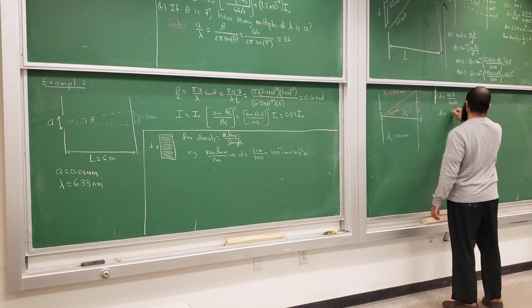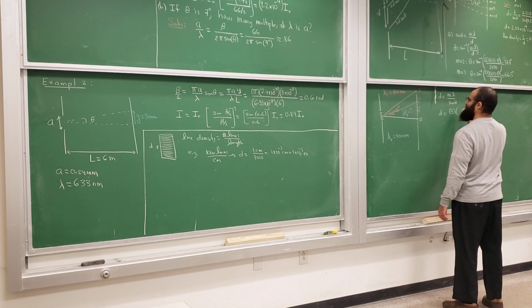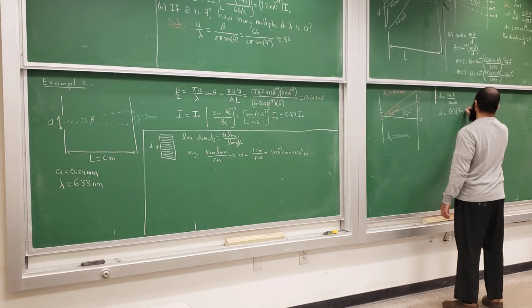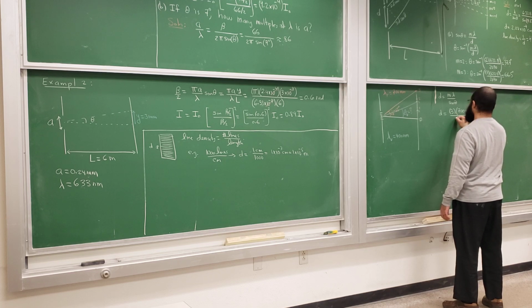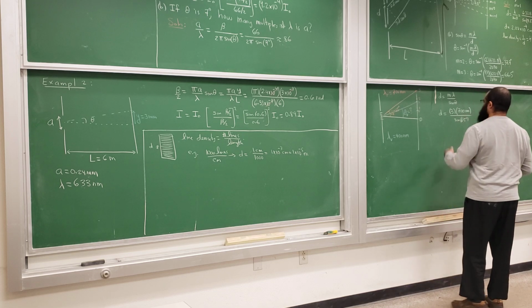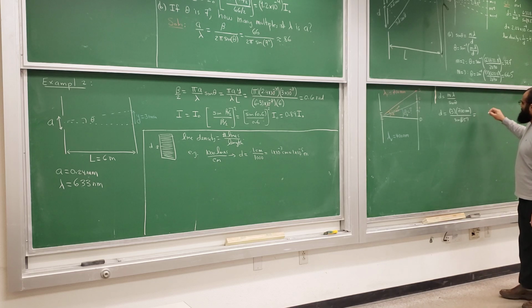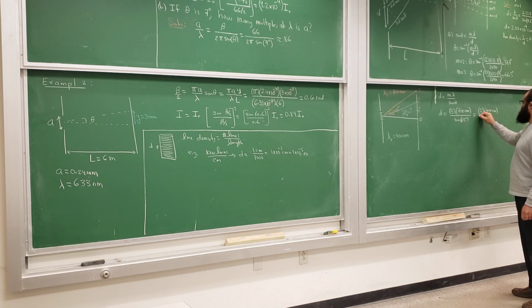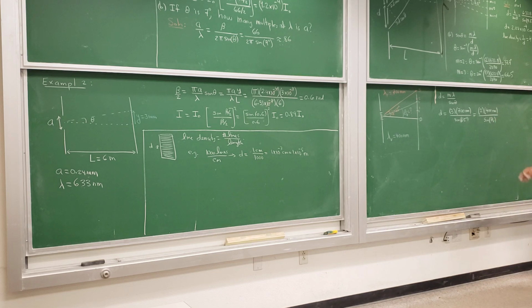So d will equal 3 times lambda red, which is 700 nanometers, divided by sine of the angle for red, which is 65. But that same D is equal to 2 times 400 nanometers divided by the sine of the angle for violet. If you really don't want to calculate D, you don't have to.